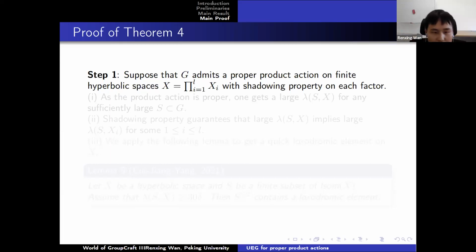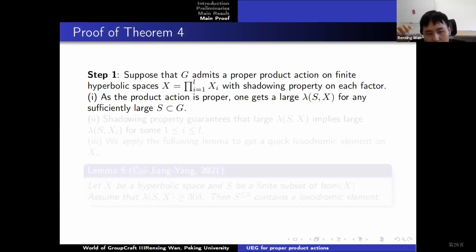Our setup is that G admits a proper product action on finite hyperbolic spaces X with shadowing property on each factor. The first thing I want to note is that, as the product action is proper, for any sufficiently large subset S of G, you can get a large displacement on the whole space. So you can imagine that.